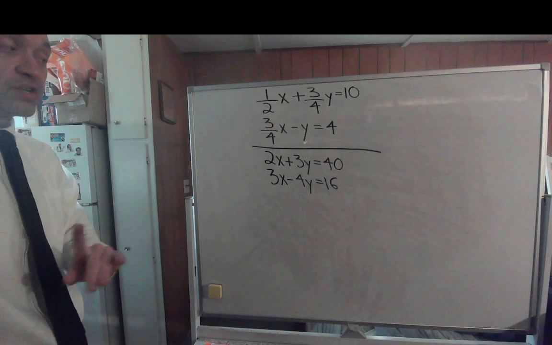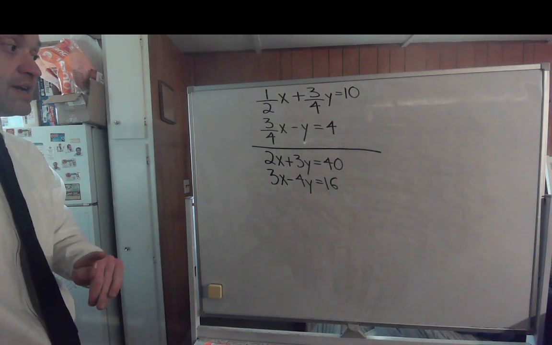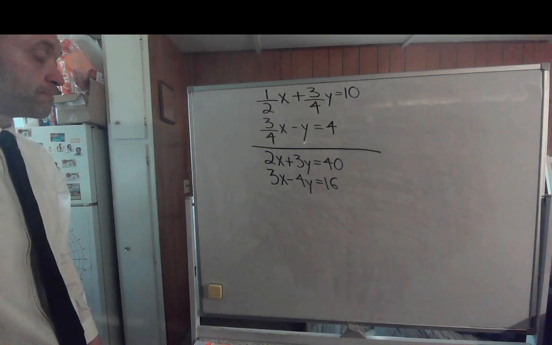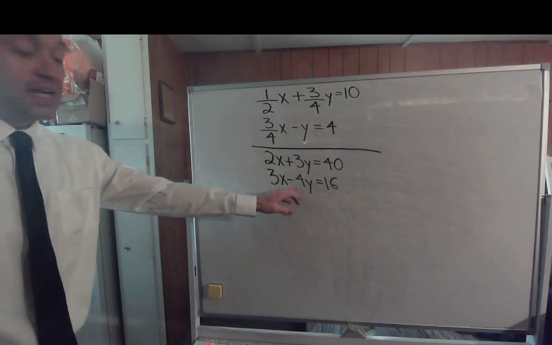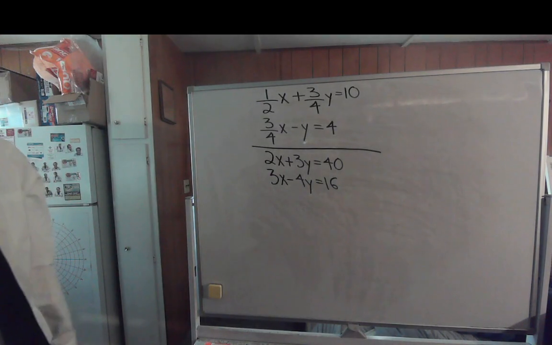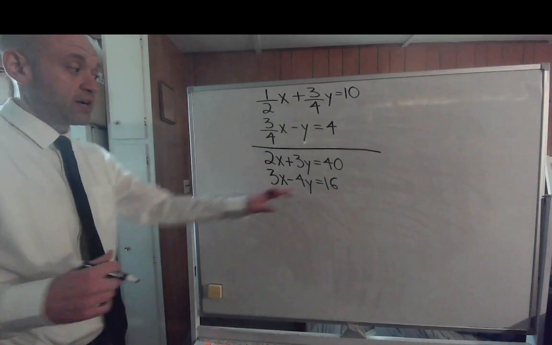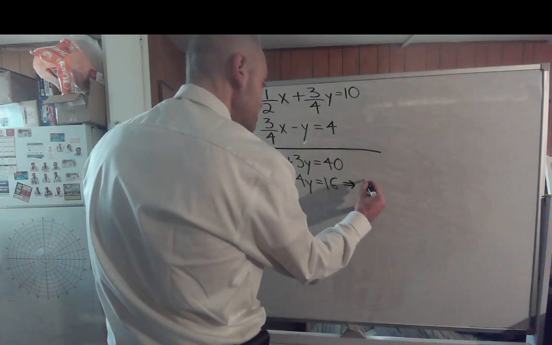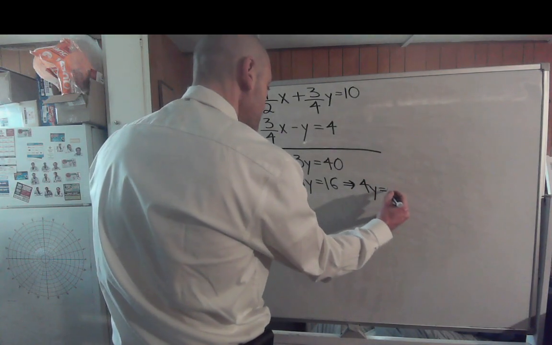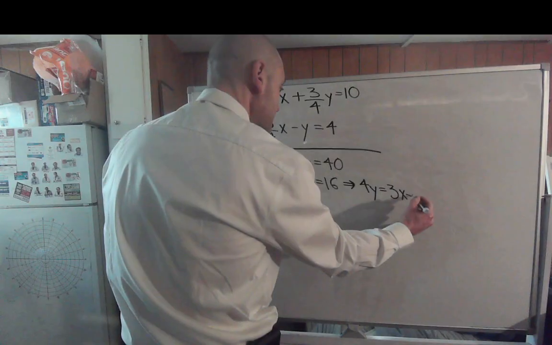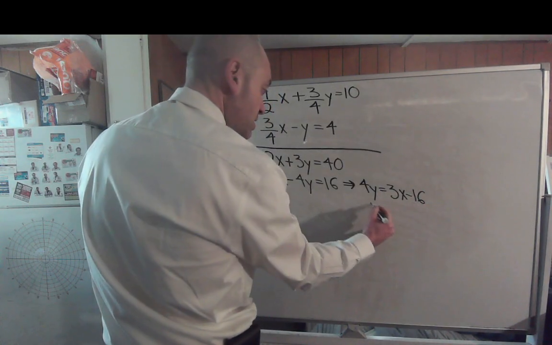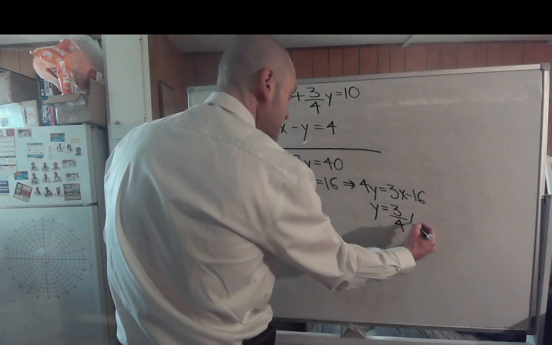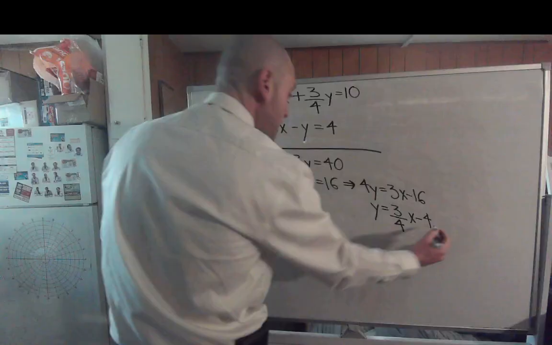And we're still restricted to substitution. So let's figure out a form that's going to work. Since we have a negative on the y, I hate to say it, we're probably going to substitute for y. So this will turn into 4y equals 3x minus 16, which would mean that y itself equals 3/4 times x minus 4.